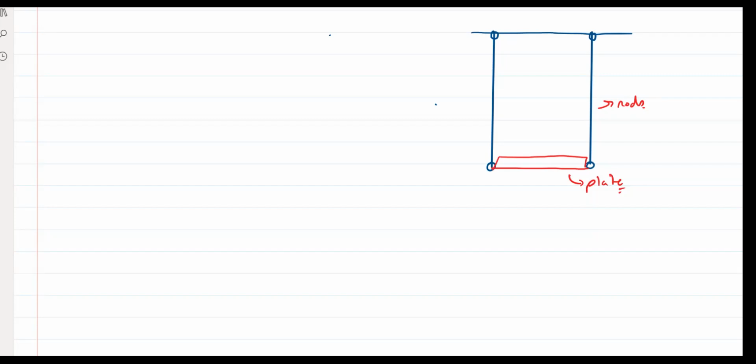Everyone, think, what is the motion of the plate and the rod? I'm waiting for the answers. Okay, you can see it, right? Tell me, everyone.